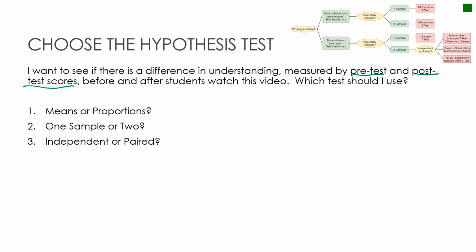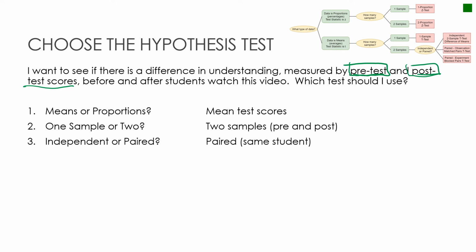The first question I ask is means or proportions. The answer would be means because we're looking at test scores. I'm not saying what percent of students passed or anything like that. I could do that test and that would be a proportions test, but this is just a means test score. One sample or two? This is two samples because I have a whole set of pre-test scores and post-test scores, but here's where it gets tricky. This is paired because it's the same student. Now, we don't know how to deal with that yet, so don't worry, I'm not asking you to do the test.